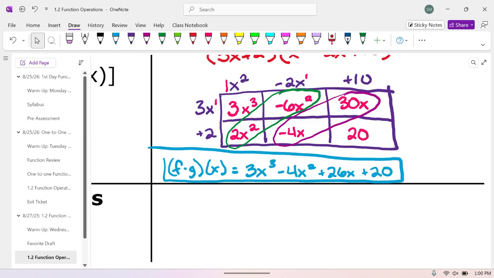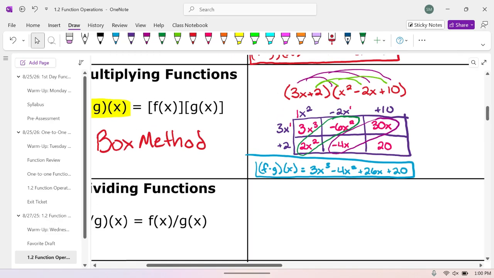It's really good for a 2x2, but once you get bigger than a 2x2, like a 2x3 or a 3x3, it gets a little dicey. All right, because you kind of forget, okay, did I already multiply this term to this term? And it's a lot. All right. But again, there's more than one way to cut an onion, so whatever you're the most comfortable with, go for it. All right. Any questions on multiplying polynomials?